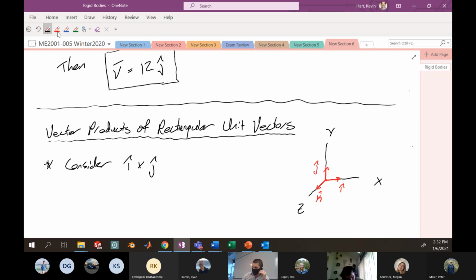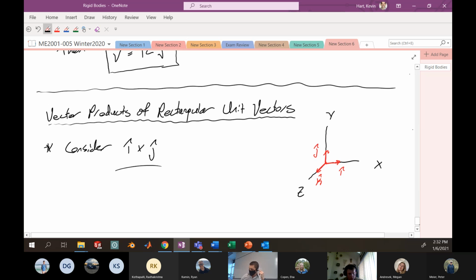Now my question is, what is I cross J? Well, remember, what is the magnitude of each one of these unit vectors? It's 1. And what are the angles between these unit vectors? Well, it's 90 degrees.